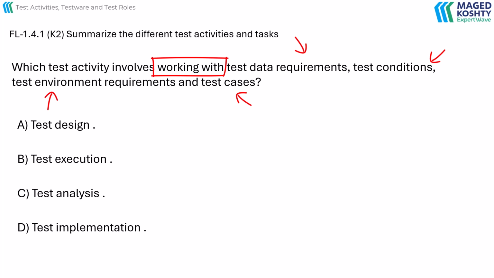The same can be said about the test data requirements. So we can confirm that the test design activity involves working with test data requirements, test conditions, test environment requirements, and test cases. Therefore, the correct answer is A.